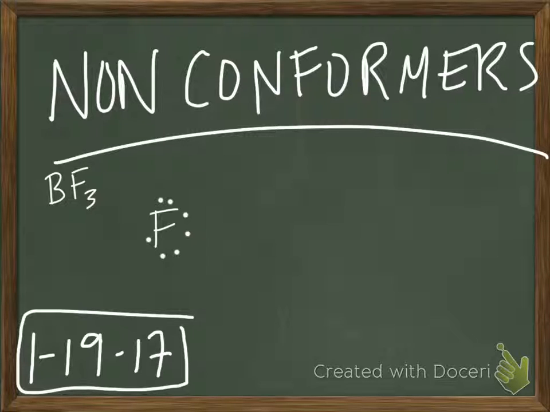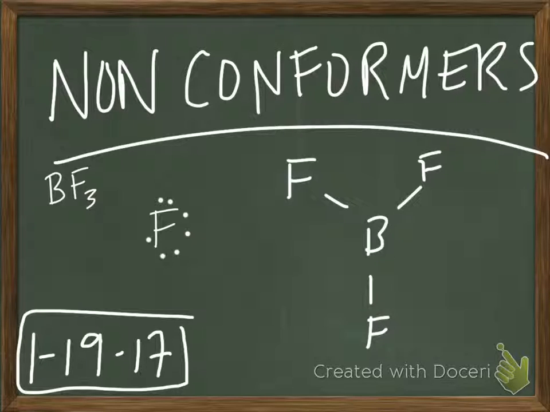We could do the strategy of, well, let's tie it all together with single bonds and put all the valence electrons that it started with on it and just see what that looks like. So we've got boron in the center. How many valence electrons does boron have to start with? 3.